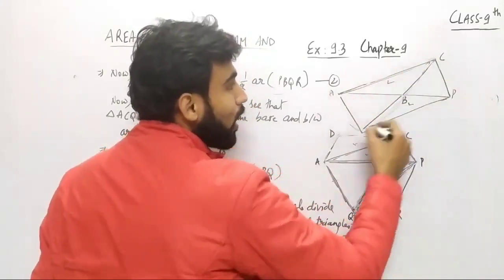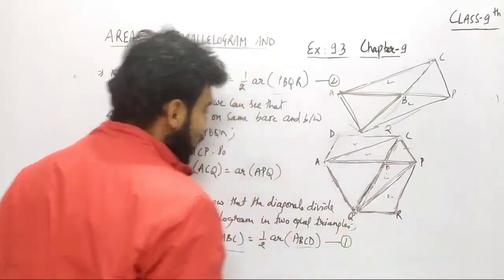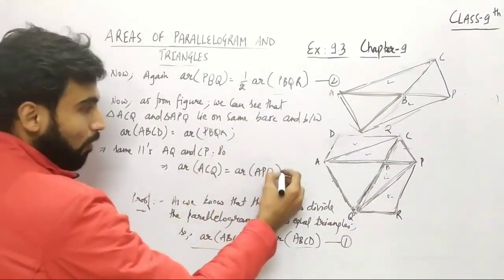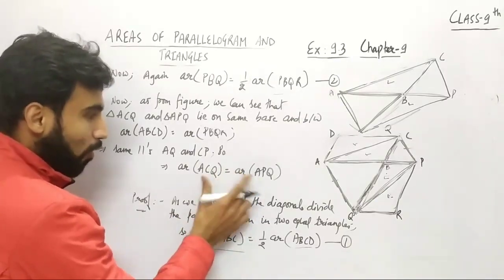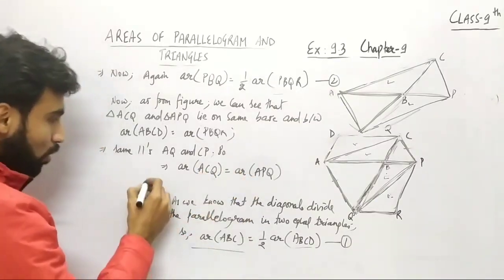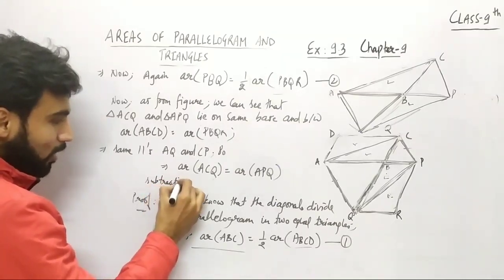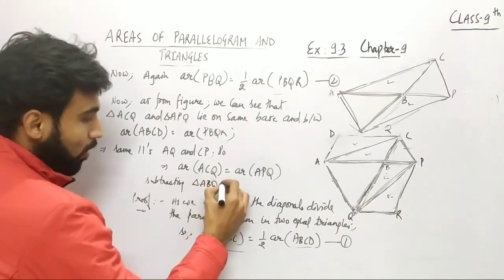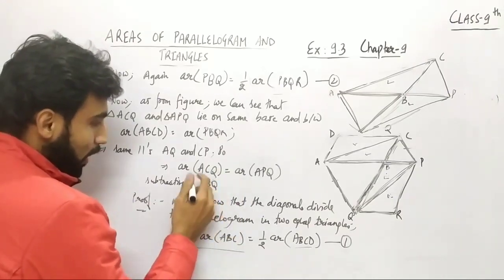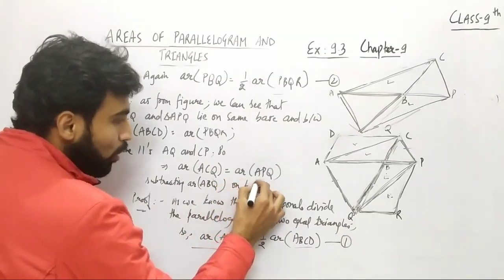If I subtract the middle triangle ABQ from both of these triangles, right? So let me tell you that if I subtract ABQ from both the sides of this condition, subtracting the area of triangle ABQ on both the sides.